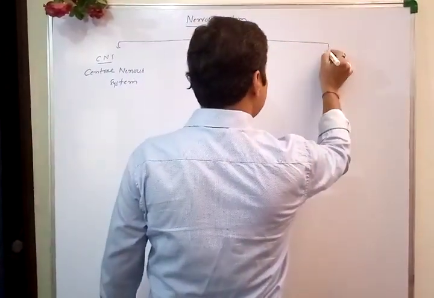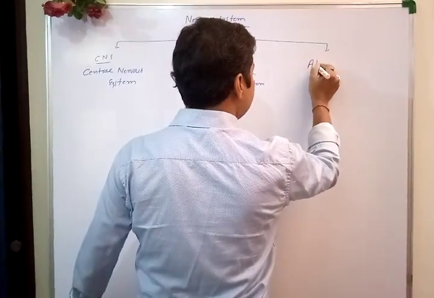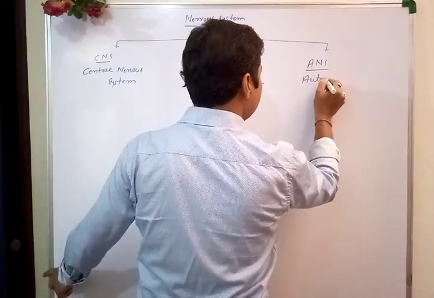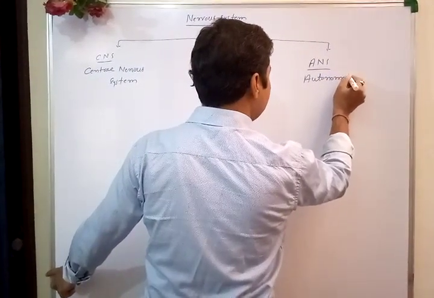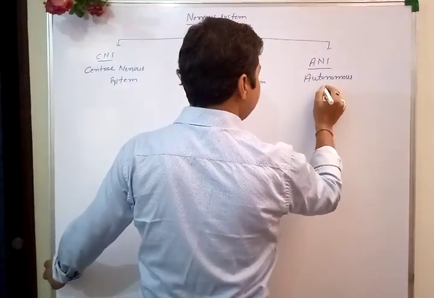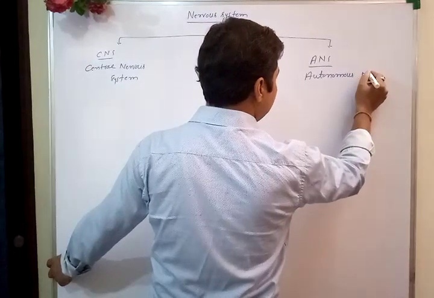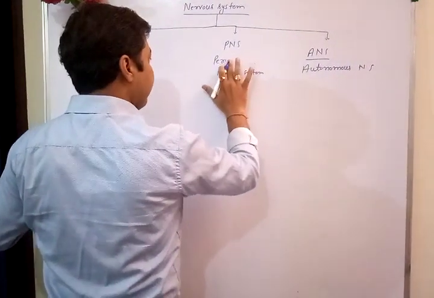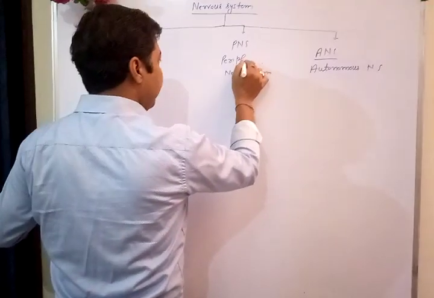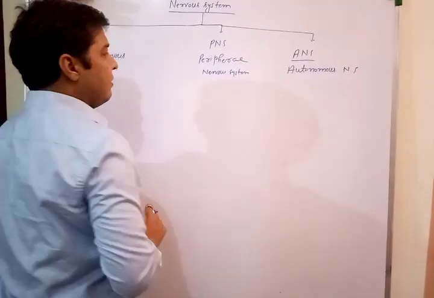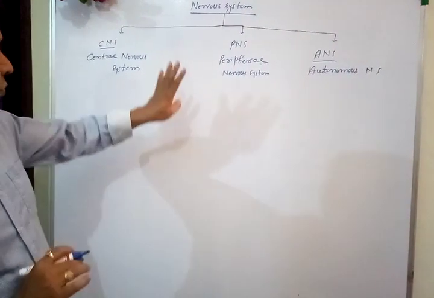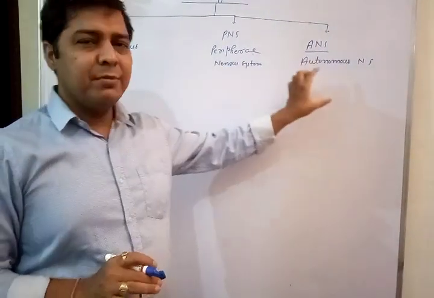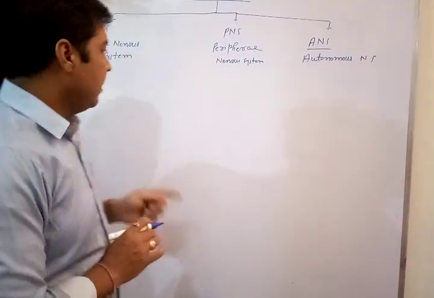And third is autonomous, ANS, autonomous nervous system. You can write here peripheral, P-E-R-I-P-H-E-R-A-L, peripheral nervous system. So there are three kinds of nervous system: central nervous system, peripheral nervous system, and autonomous nervous system.